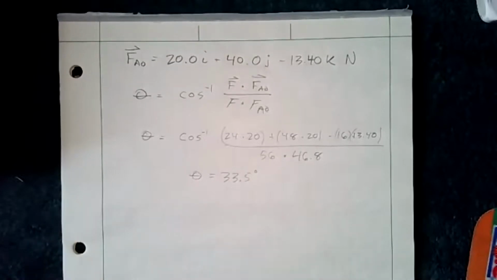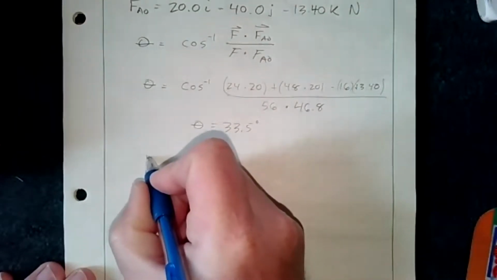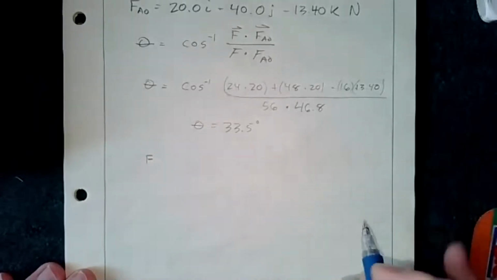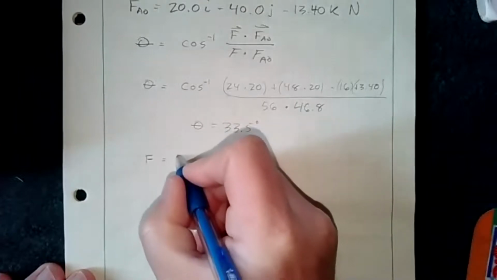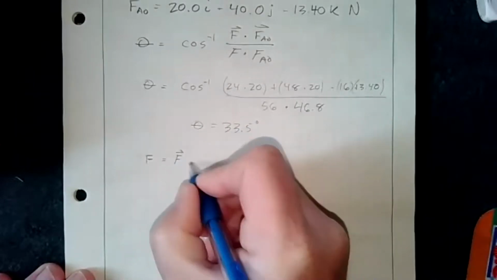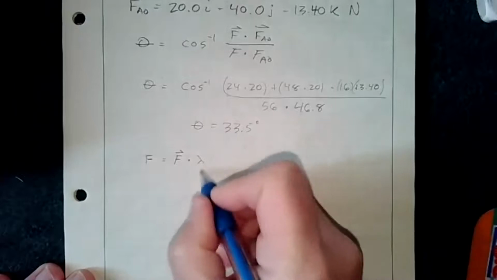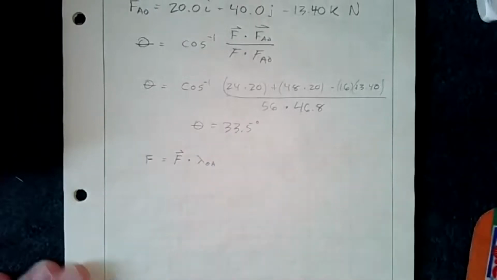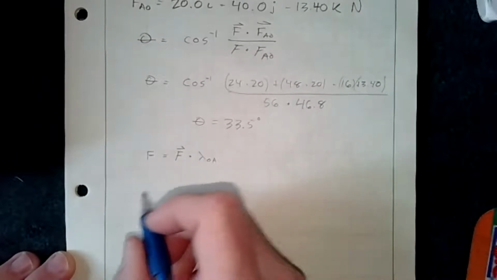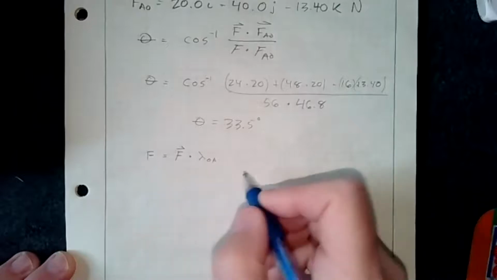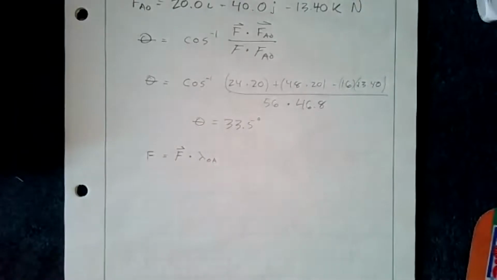To preface that, think about what I did here: if I have a force and I want the scalar value, I just took the force vector and dotted it with whatever line I was interested in. In that case, it was OA. So imagine now if we did this with a moment. If we wanted to know the projection of a moment onto a line, we can use the same setup. So let's look at that.